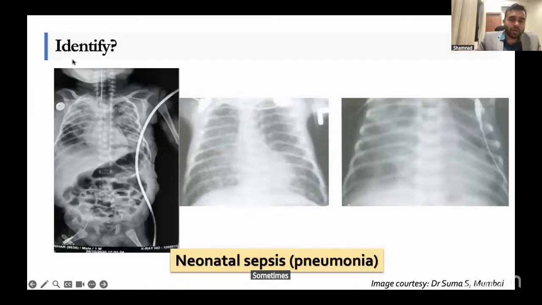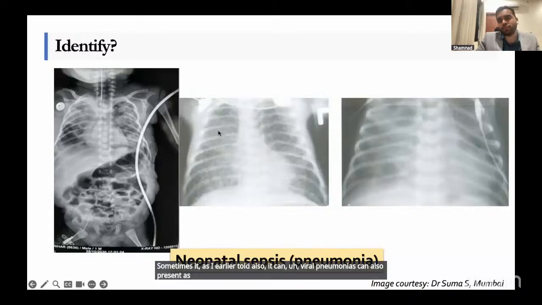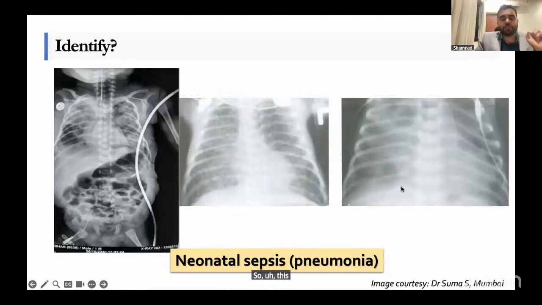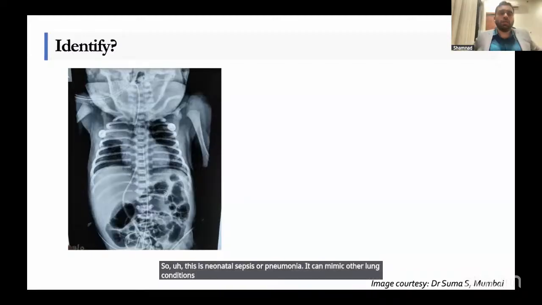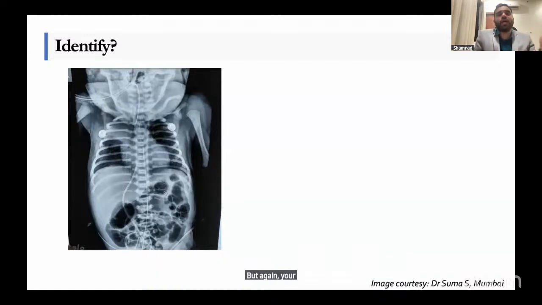As I told earlier also, viral pneumonias can present as fine reticulogranularity, perihilar streakiness and so on. So this is neonatal sepsis or pneumonia. It can mimic other lung conditions like your TTN, your bronchopulmonary dysplasia, your MAS and so on, but again, your clinical scenario would be the clue.